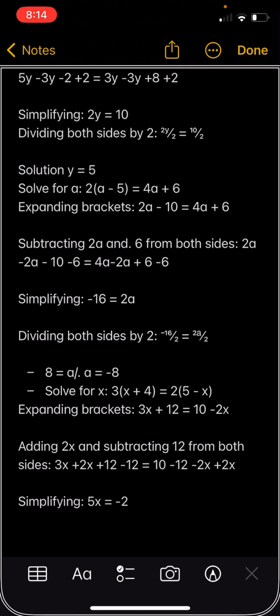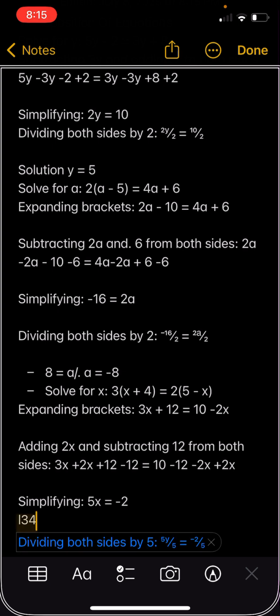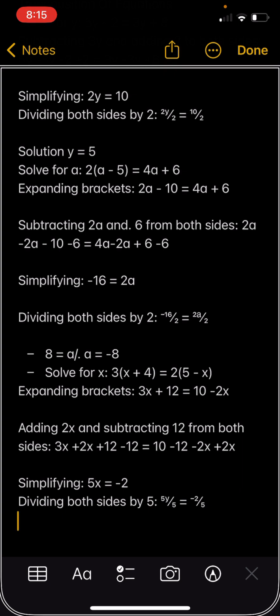So here we have 5x is equal to negative 2. That means now that we have to divide both sides by 5 in order to get our solution. So dividing both sides by 5, we have 5x over 5, and that is equal to negative 2 over 5.